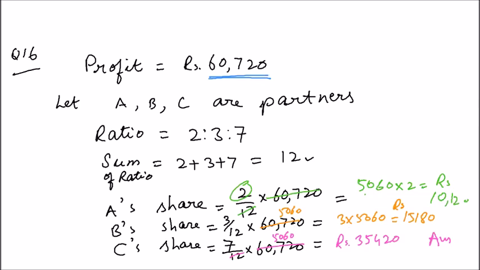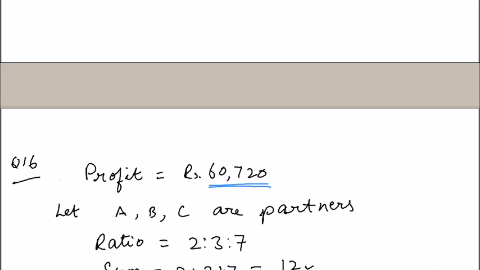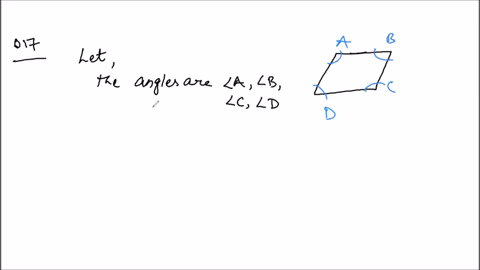It means that each partner will get these amounts: 10,120, 15,180 and 35,420.